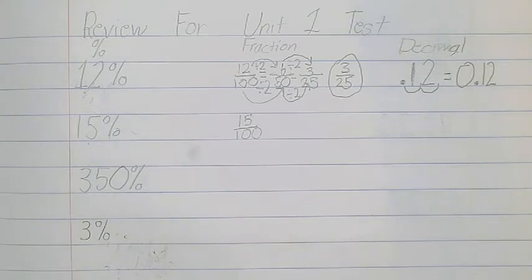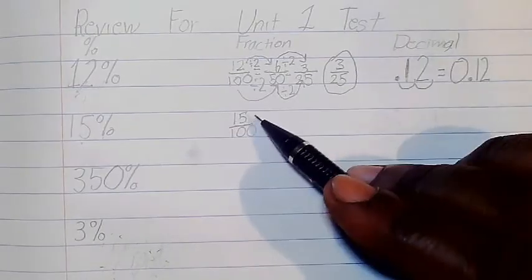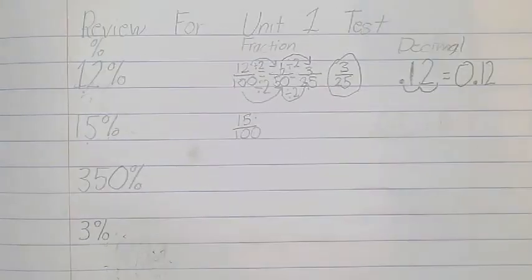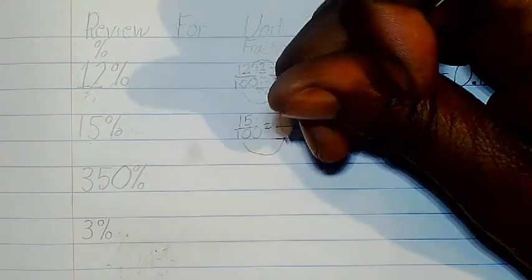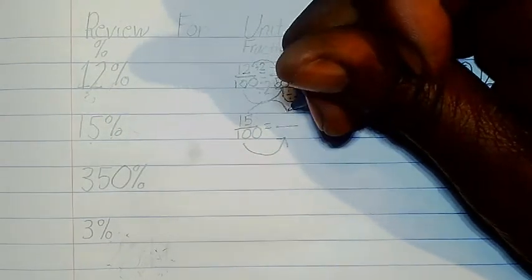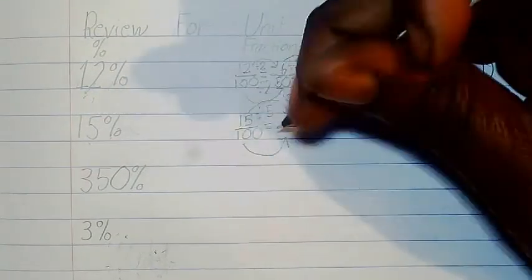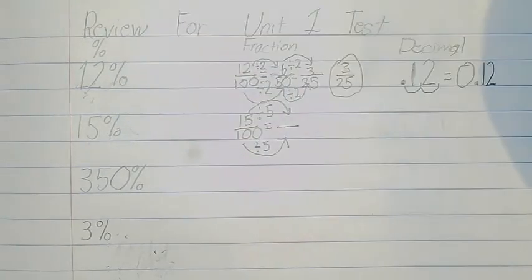Now we have to simplify this fraction. 15 and 100 are both multiples of 5, so I can divide both of these values by 5. I'm going to rewrite this as an equivalent fraction. Whatever I divide my numerator by, I have to divide my denominator by. So that's 5 in my numerator, and 5 in my denominator.